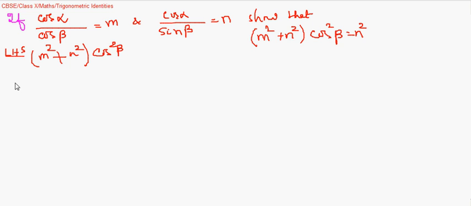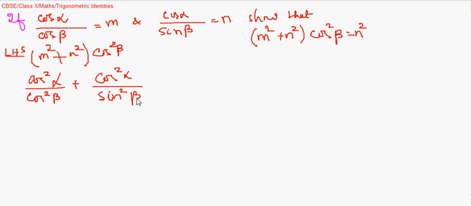M was cos alpha by cos beta, but because it is a square, it will be cos square alpha by cos square beta, plus n is cos alpha by sin beta, the same thing, so it is cos square alpha by sin square beta. And this is also multiplied by cos square beta.